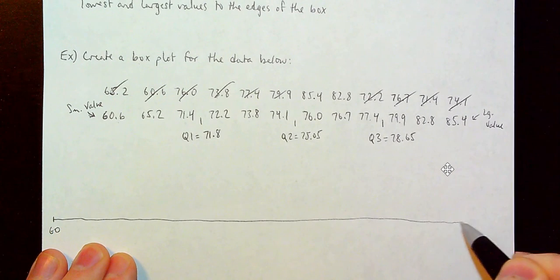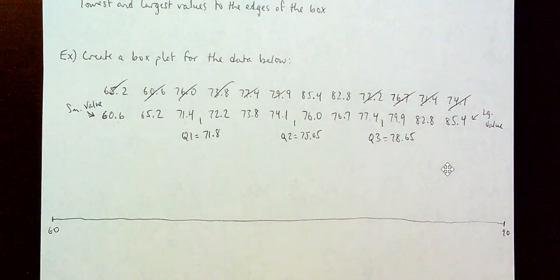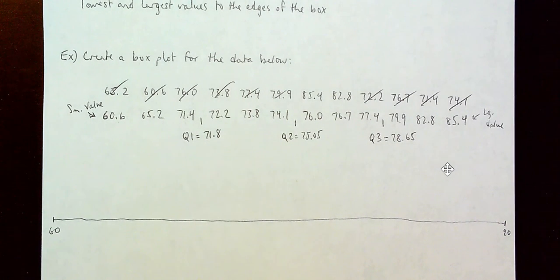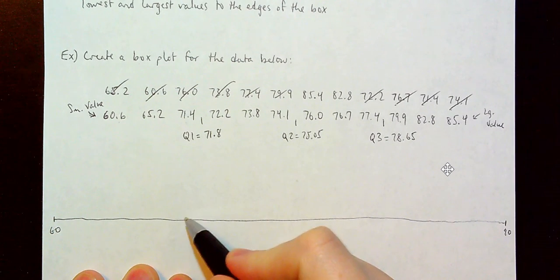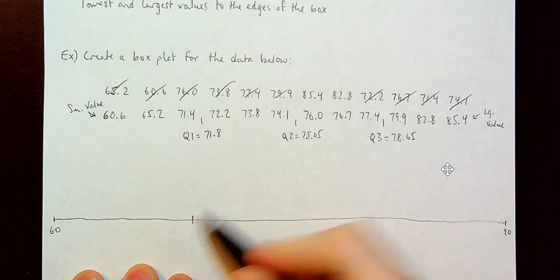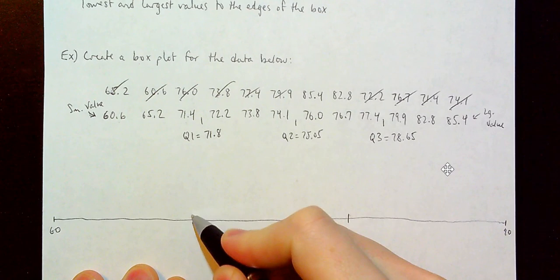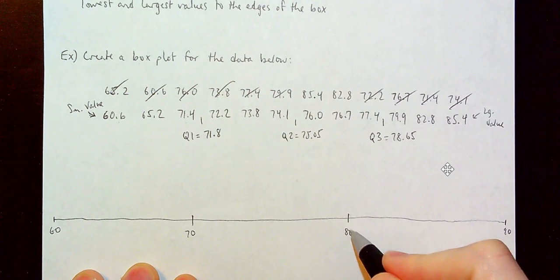I'm going to use the entire width of my paper here. 90. And I'm going to try to break this out into thirds, somewhat nicely here, so that we can have nice markers for the 70 and the 80.